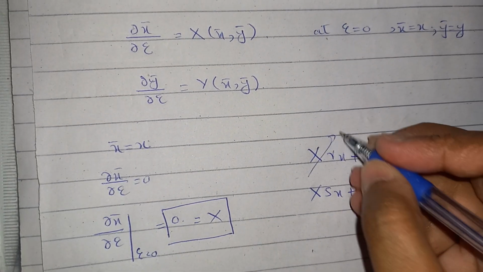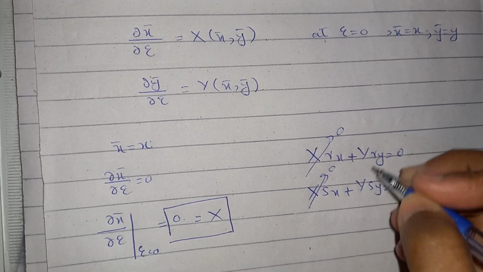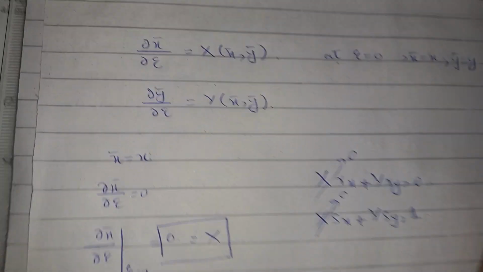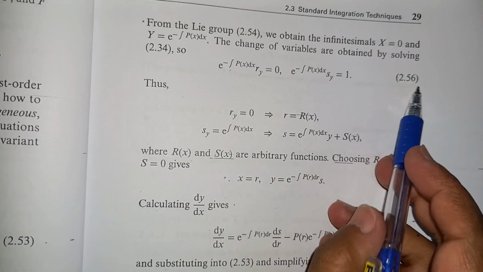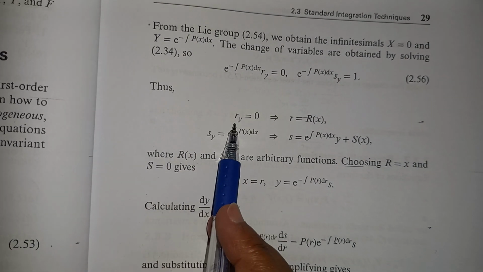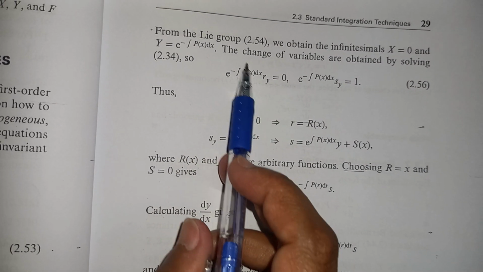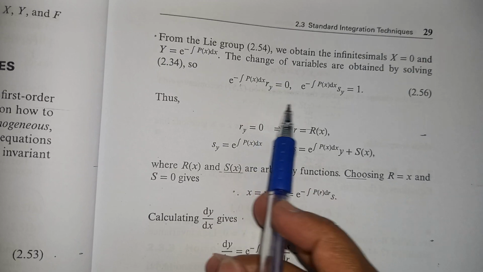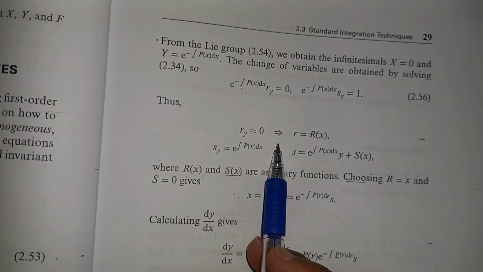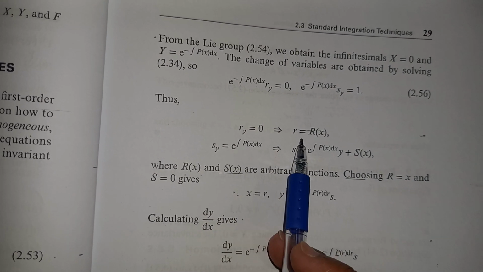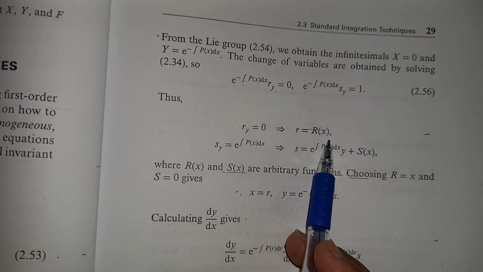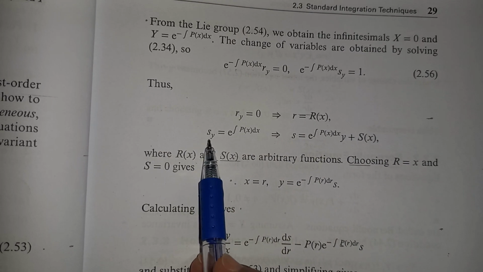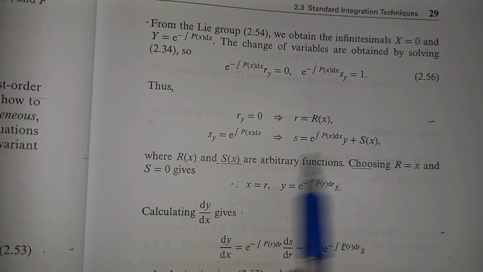Now definitely here X will be 0, so you will just substitute the value of Y over here, and that is given by equation number 2.56. Thus, if you take this term on the right hand side, it will become 0, and if you integrate it, then we will get the R in terms of function of x, some arbitrary function of x. In the similar way we can solve for Sy.